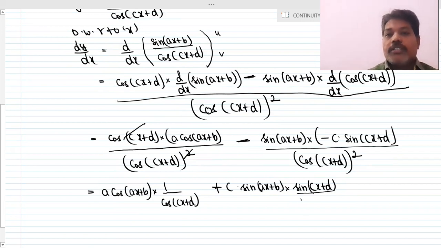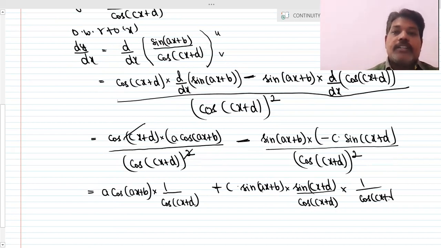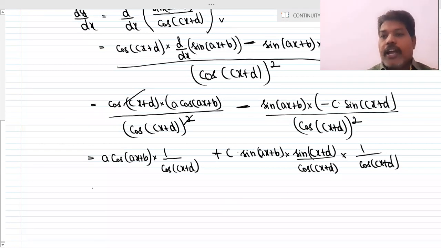I will split this into two parts. The first one is cos of cx plus d into 1 by cos of cx plus d, because cos cx plus d whole square is there. So you can write it as a into cos of ax plus b into 1 by cos.